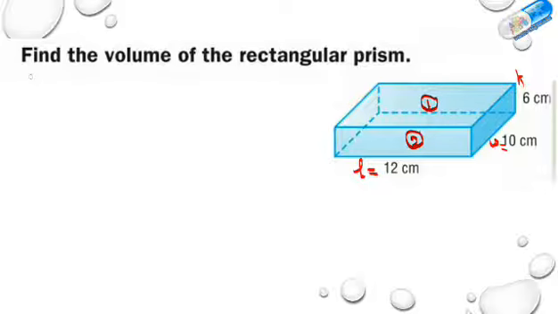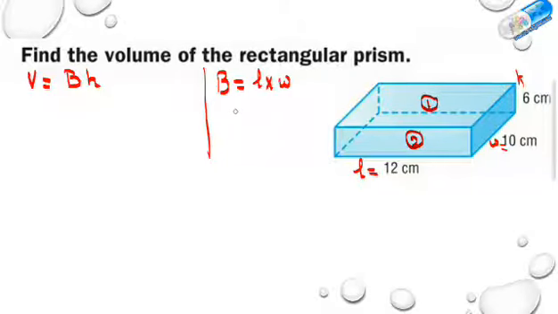Let me write the rule first. We know that volume equals capital B times H, and in this case I will write here the B. Capital B is length times width, because it is a rectangle. So capital B equals 12 times 10, and this is equal to 120 centimeter square because this is the area of the base.